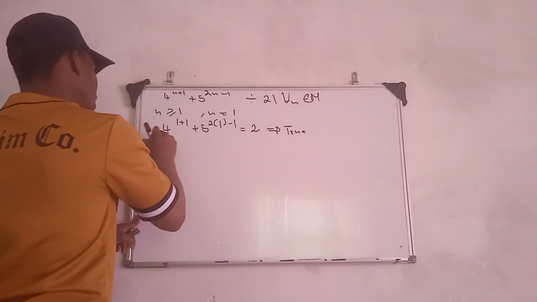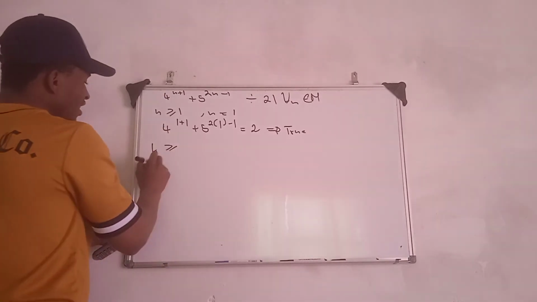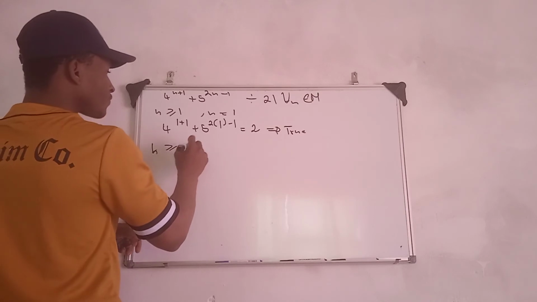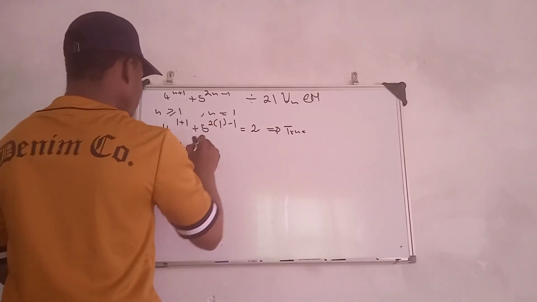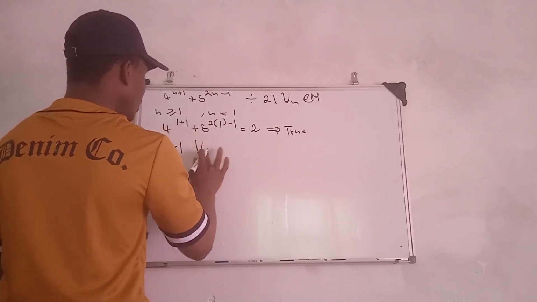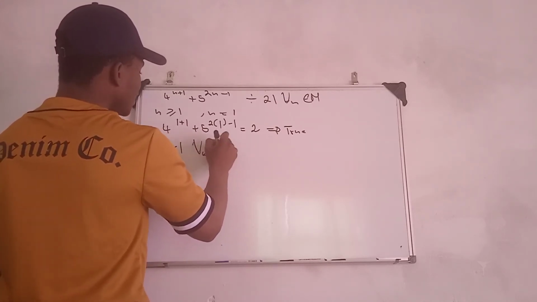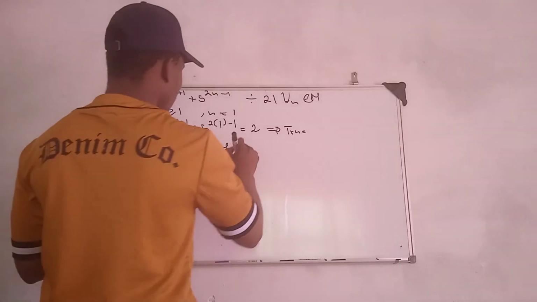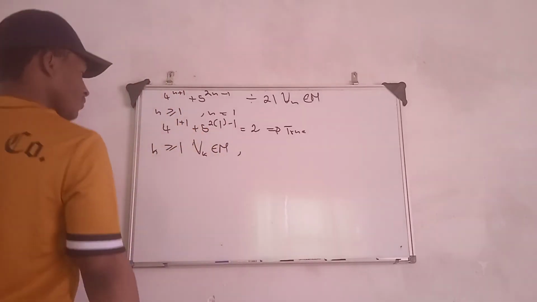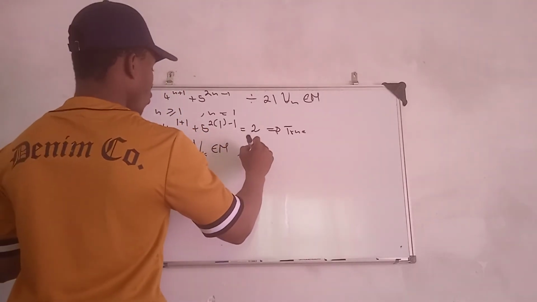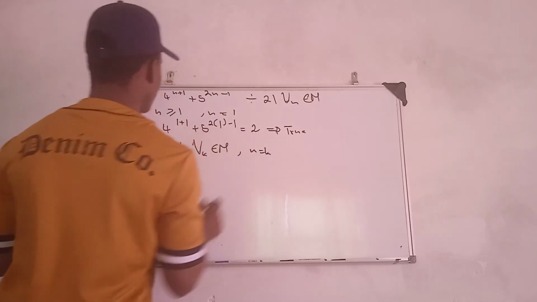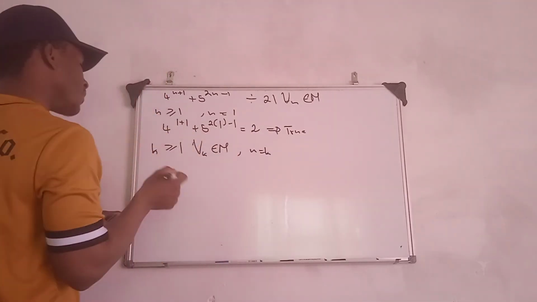This hypothesis will work for k greater or equal to 1, for all k's which exist in the set of natural numbers, whereby n equals k. So everywhere I'm seeing n, I'm putting k.